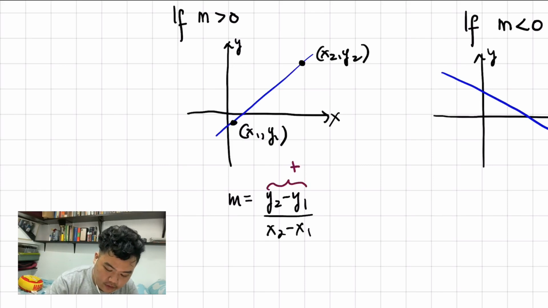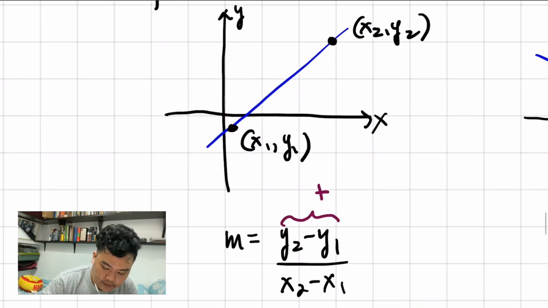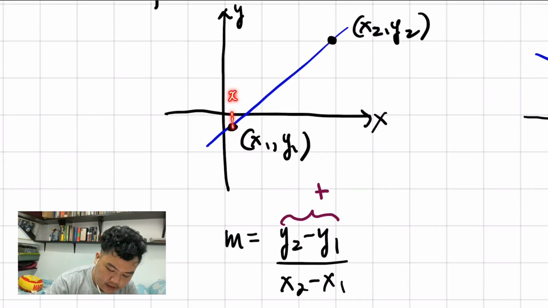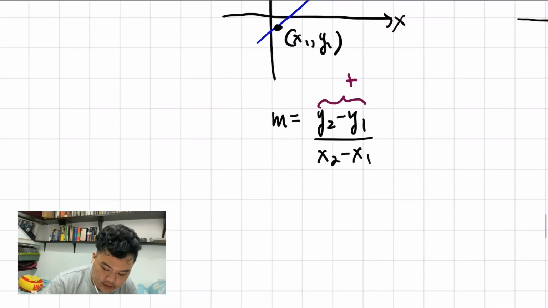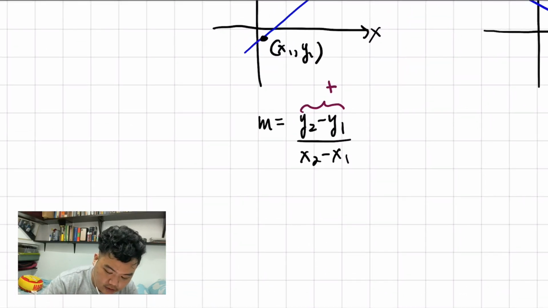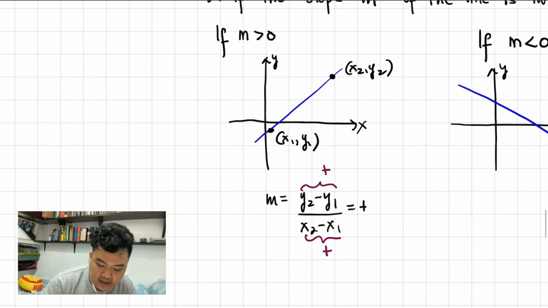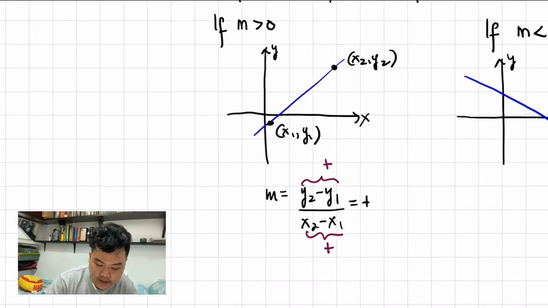And for the denominator, this is x1, while this is x2. So x2 minus x1 is also positive. That's why the slope is positive. So if the slope is positive, your line will look something like this.